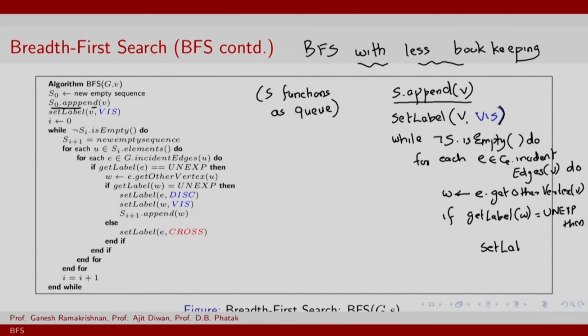I won't bother much about edges, I will just set the label of W to that of a visited node.